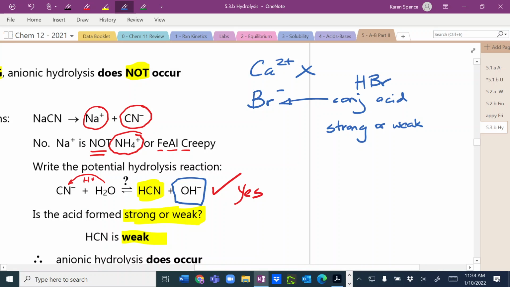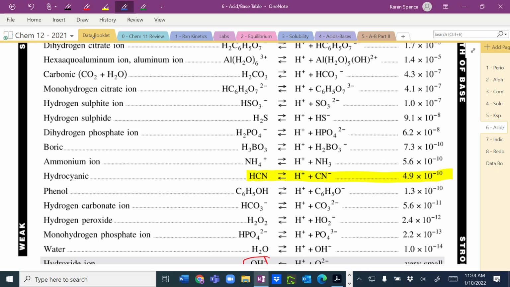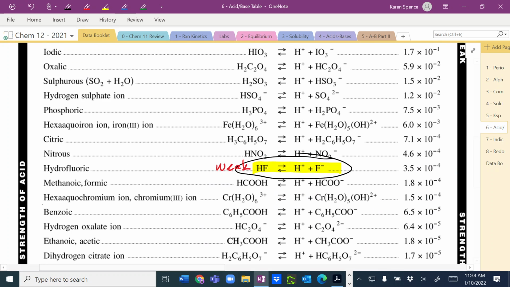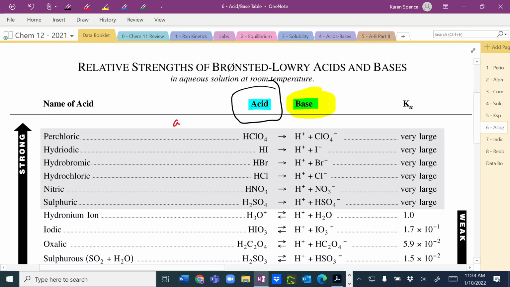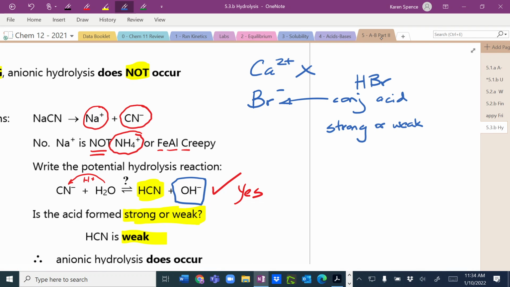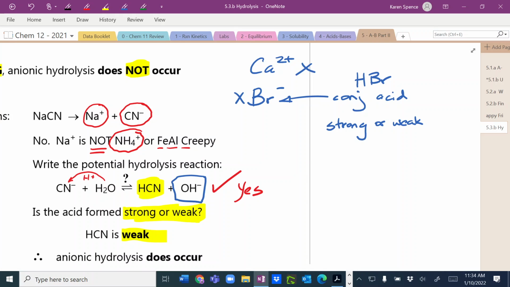It is HBr. And you can go and say, oh, look, there is HBr. It is strong. If it is strong, do we get hydrolysis of bromide? No, it does not react with water. And if calcium doesn't react and bromide doesn't react, what's the pH of the solution? 7. Okay.